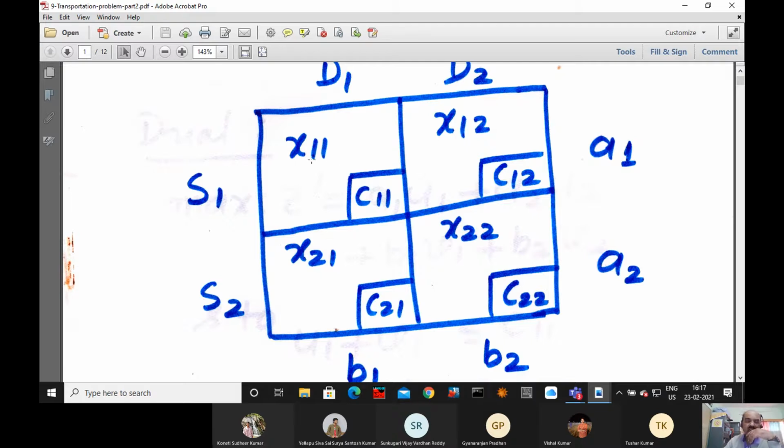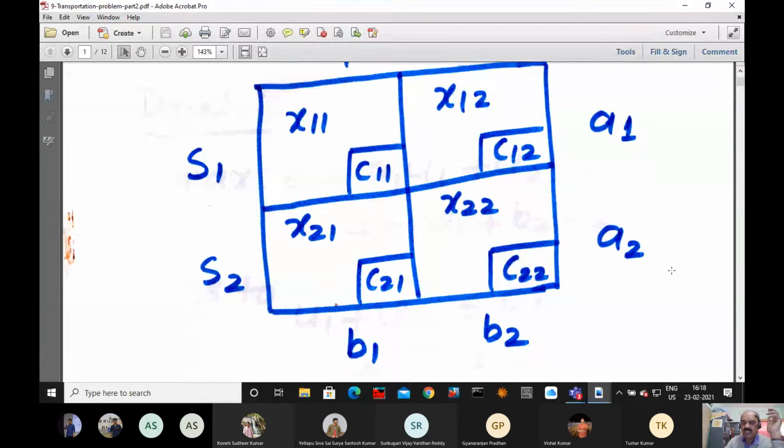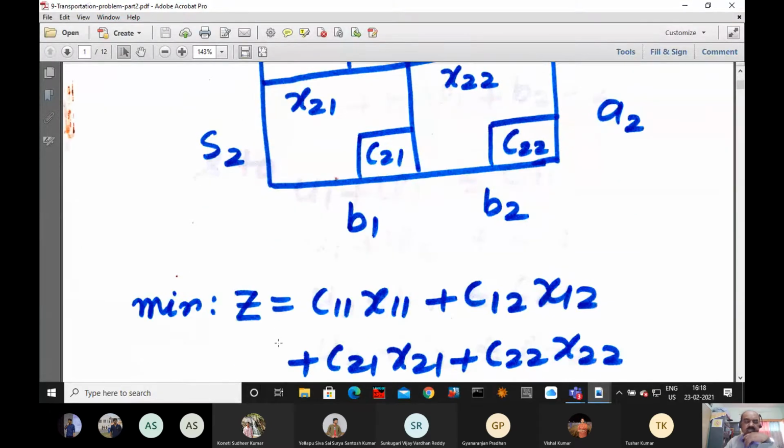So the total transportation cost equals X11 into C11 plus X12 into C12 plus X21 into C21 plus X22 into C22. This total transportation cost is to be minimized. And if we are minimizing, what is the restriction? Minimize Z equal to C11 into X11 plus C12 into X12 plus C21 into X21 plus C22 into X22.